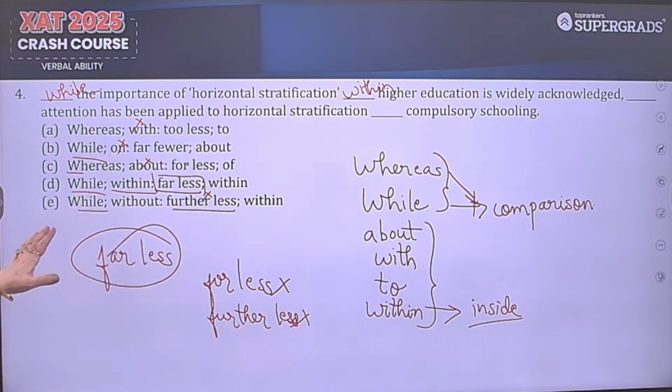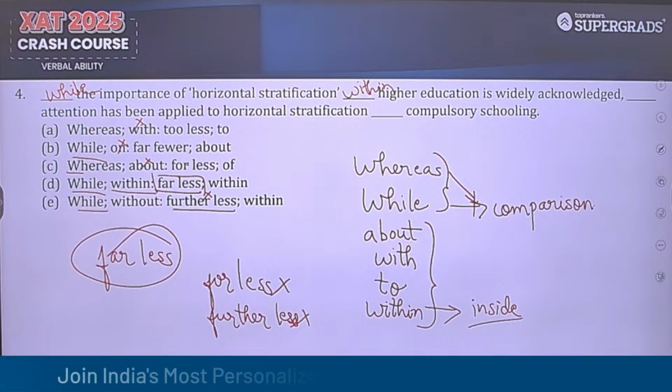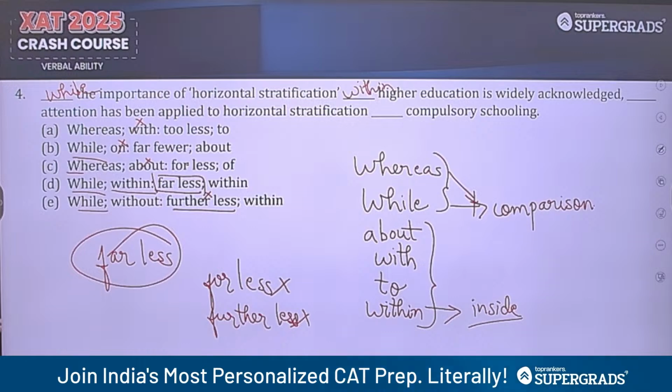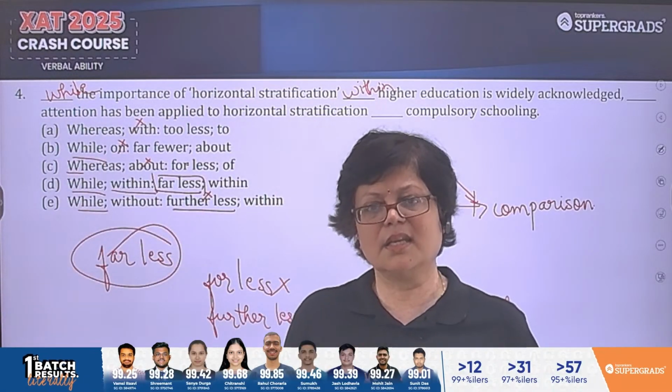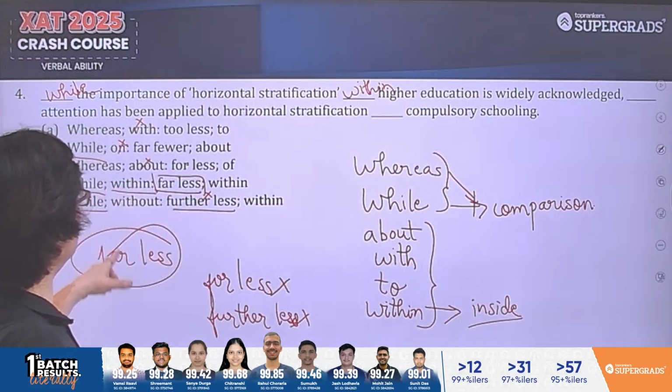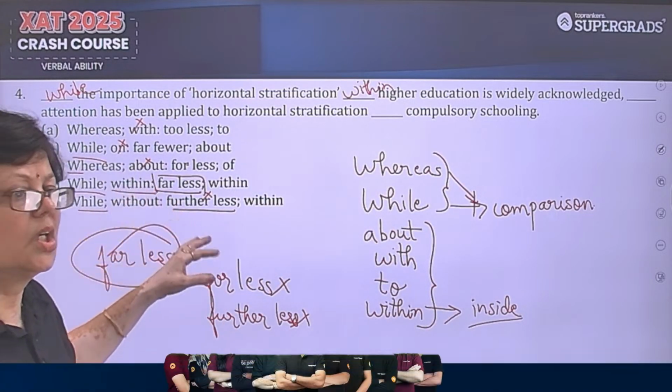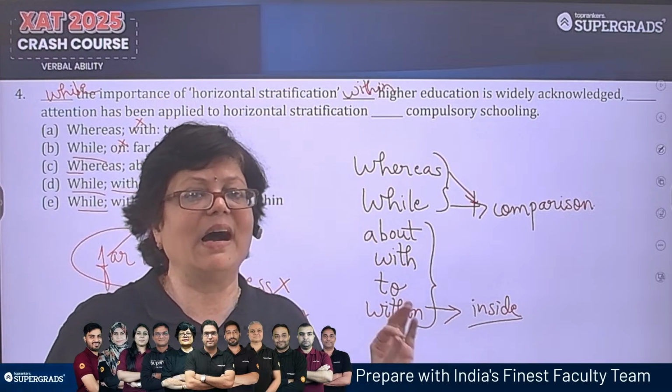Far less. This is a sort of comparison, okay? But actually, there is no comparison. In this particular sentence, far less attention has been applied. Less, lesser, least, there's no comparison here. The positive degree has to be used, and moreover, the proper standard phrase is far less.